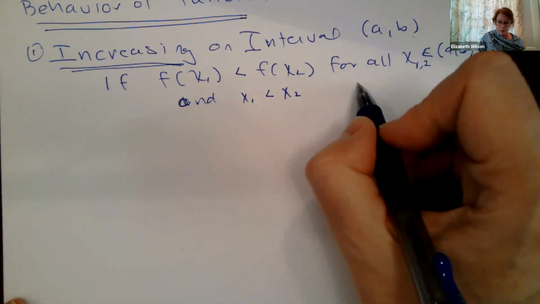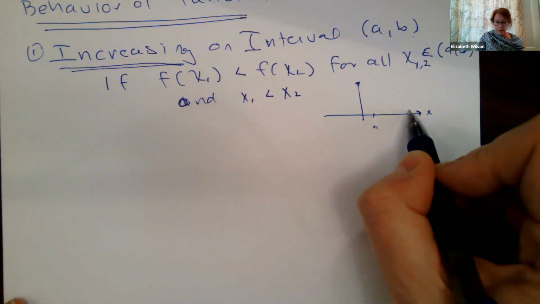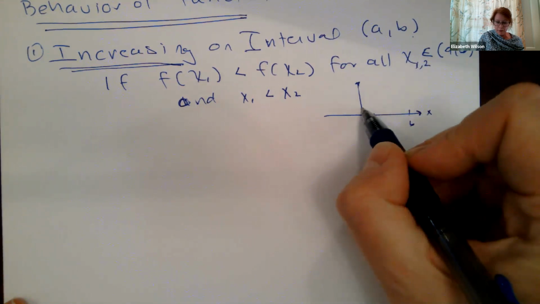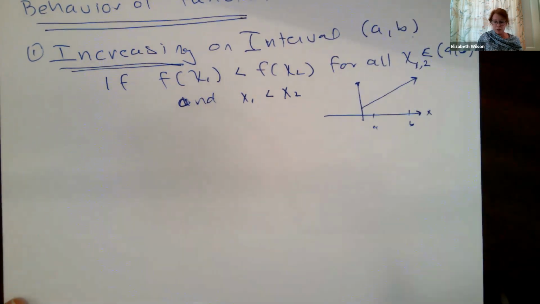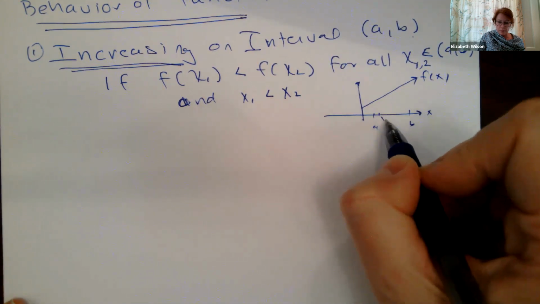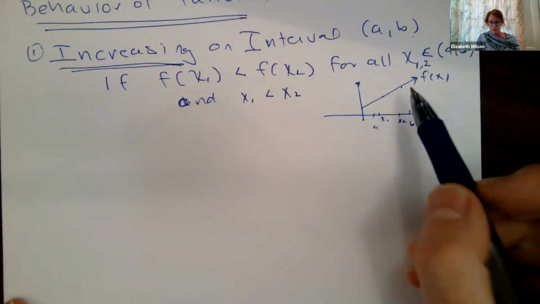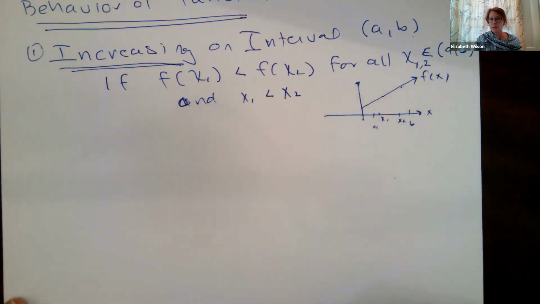All this means in terms of our graph is that our x is increasing. I've got this a to b interval, our x is increasing, and my function on this interval is increasing. This is my function here. So for f of x1 and f of x2, these values here, my function values, f of x1 is less than f of x2. Okay, all that means my function is increasing along this interval.